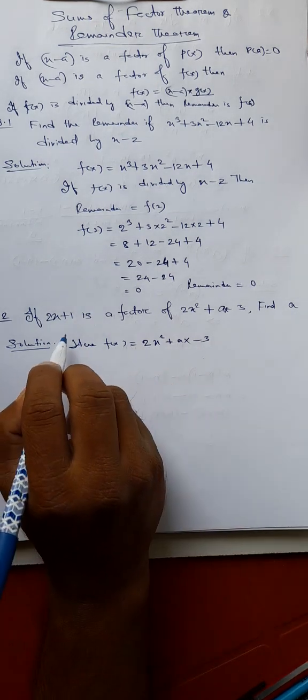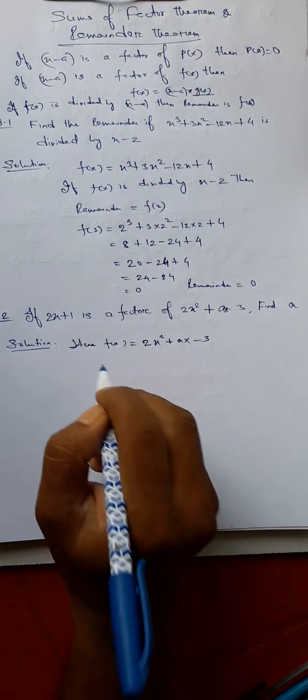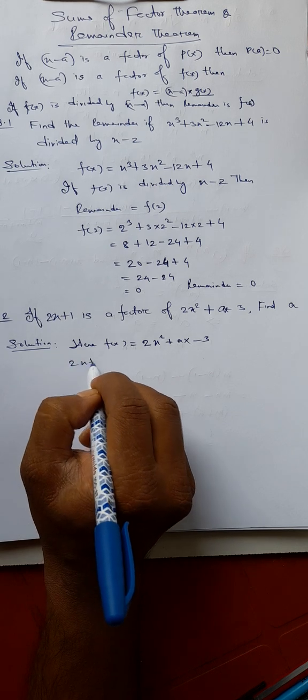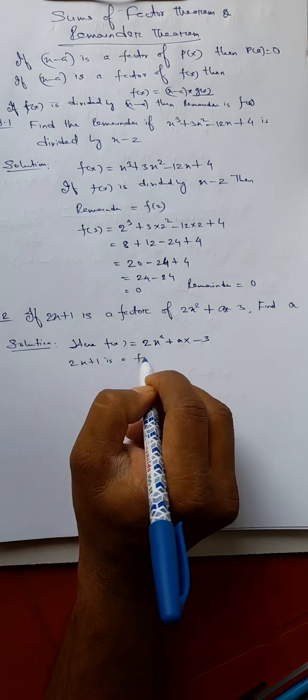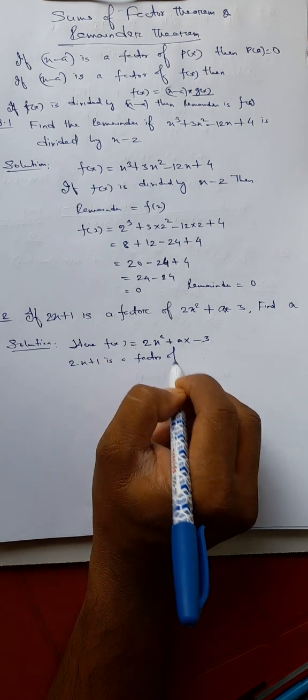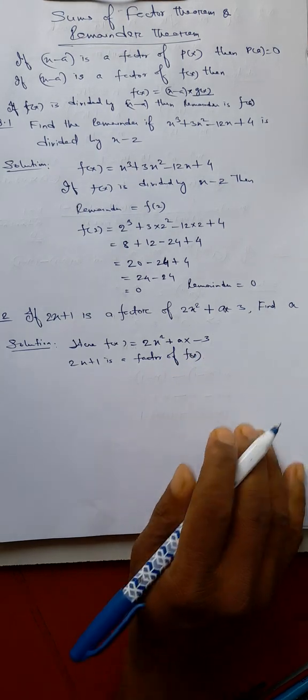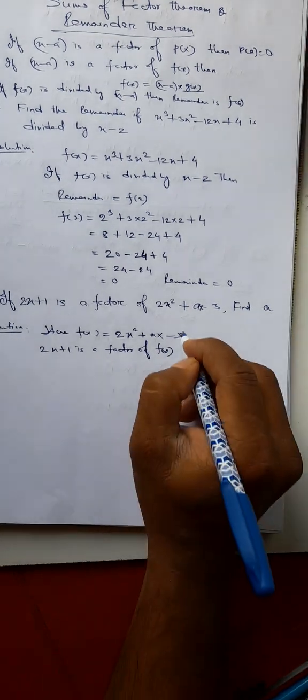Here it says 2x plus 1 is a factor of this polynomial. 2x plus 1 is a factor of f(x). Now you remember the factor theorem.